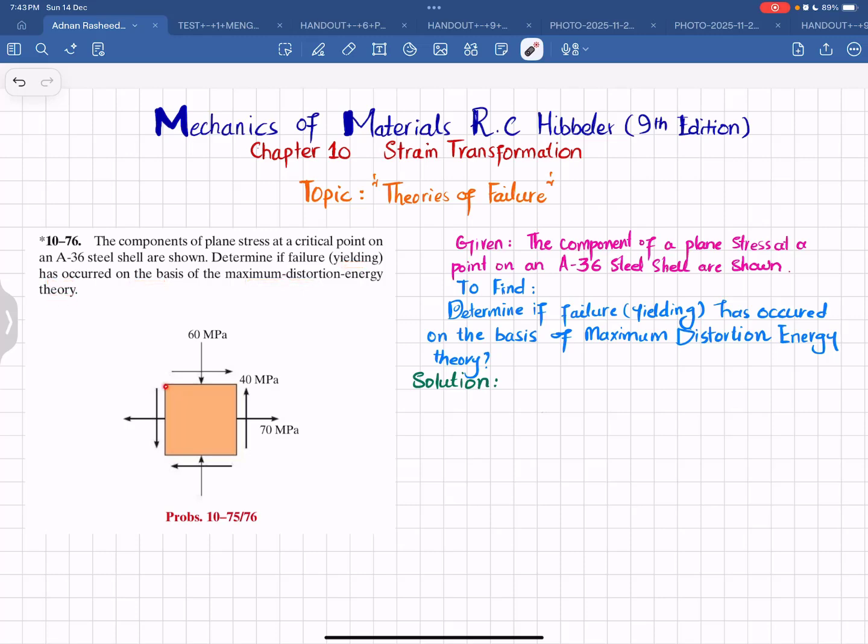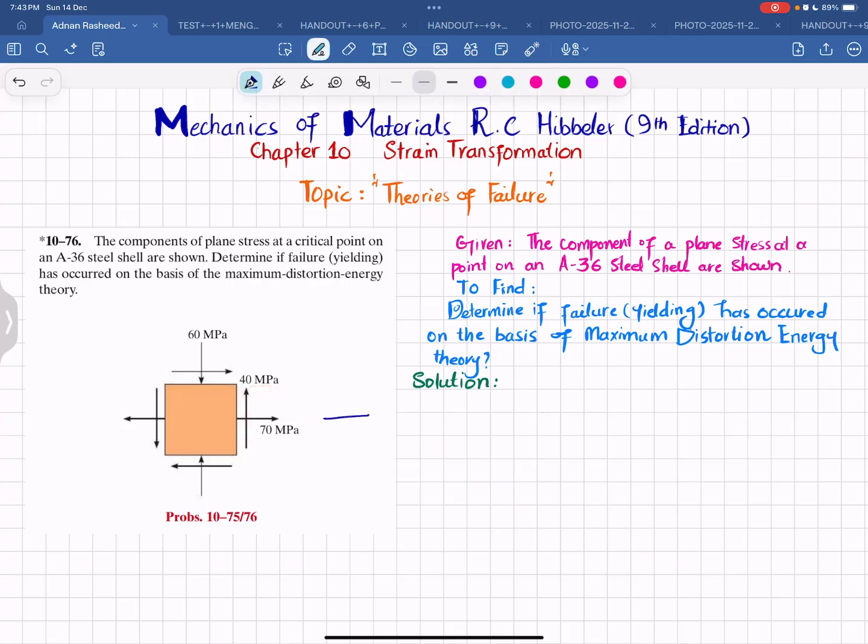You can see this is the plane state of stress that is given. In the x direction, the stress is 70 megapascal. In the y direction, the stress is 60 megapascal, and that is compressive, and the shear stress is 40 megapascal.